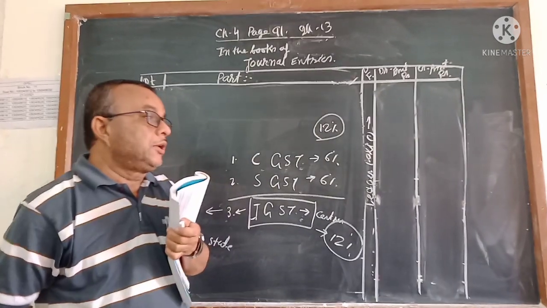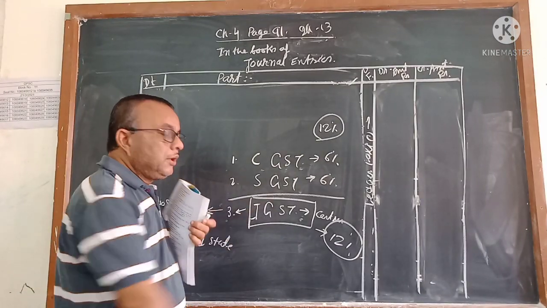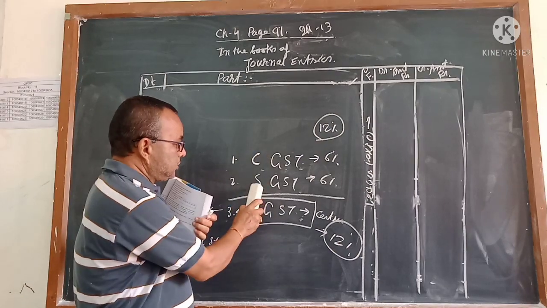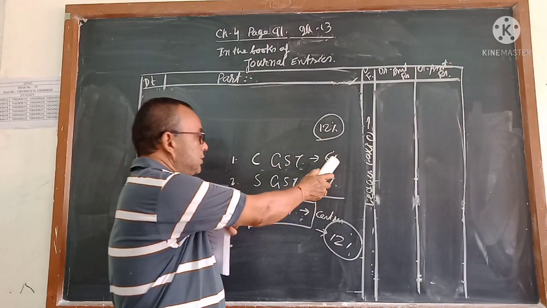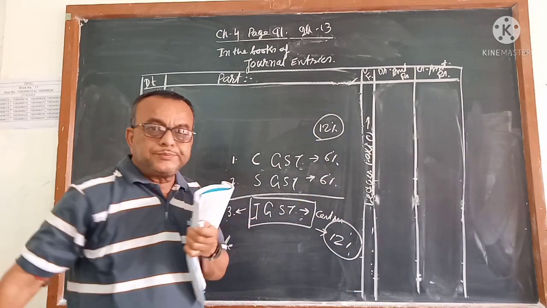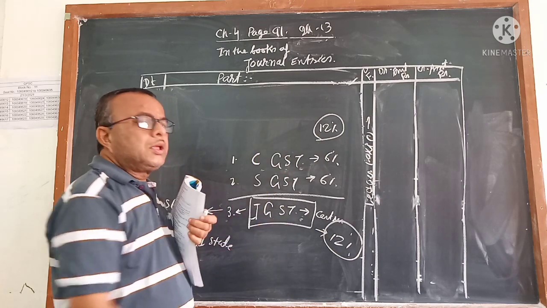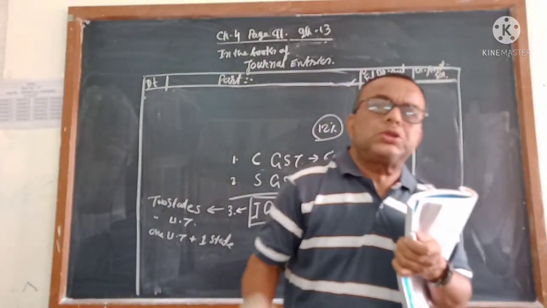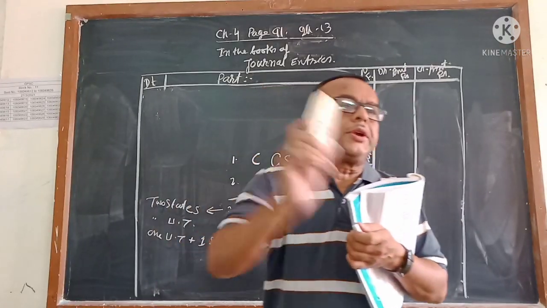Once again, I want to remind you, there are generally three goods and services taxes: central, state, and integrated. If 12% GST is applicable, then half will be taken by the central and half by the state. This will be applicable only if the buyer and seller are both in the same state or both in the same union territory.